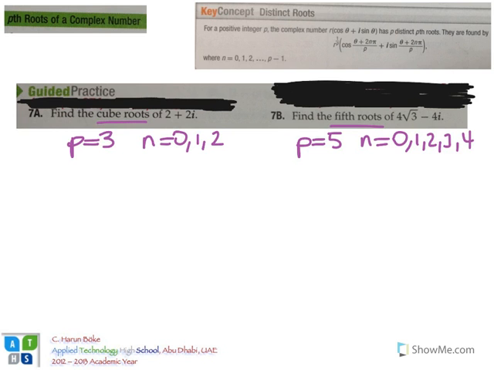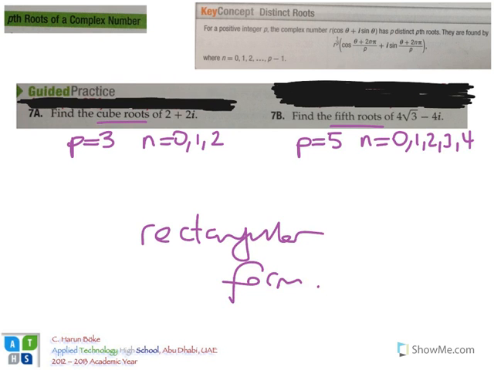Now I would strongly suggest that you convert your polar roots into rectangular forms for practice, because here it didn't ask us to find it, but it may be the case. So please, after finding the roots in polar form, change them into rectangular form, and please show your work to me.